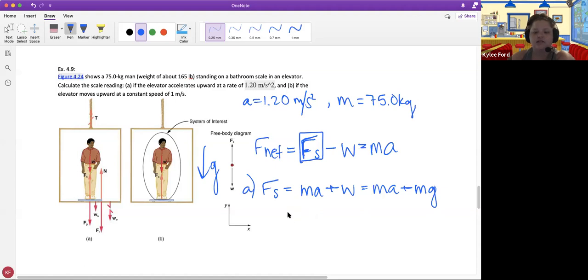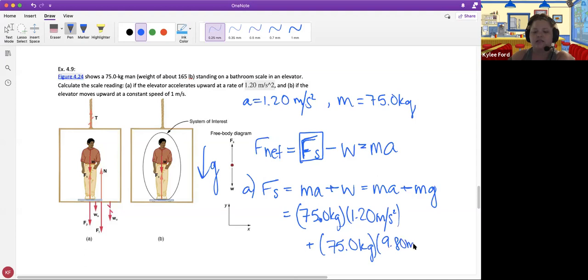Then all you do is plug in your values. I have my mass of the man times my acceleration that was given in this portion, 1.20 meters per second squared, plus my mass again, 75, times 9.8 meters per second squared.